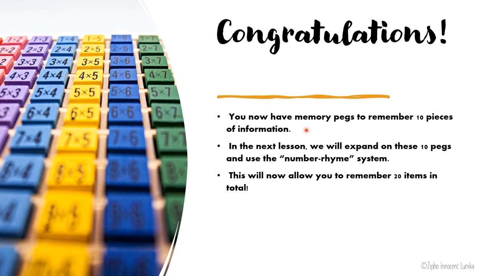What did 5 remind you of? 5 might have reminded you of the hook, which you're hooking away at the toothpaste. What does 8 remind you of? 8 might remind you of tea bags. What does 2 remind you of? Dishwashing liquid, and so forth and so on. In the very next lecture, I'll introduce you to a new peg system, very similar to this one, which will allow you to remember 20 items in total, forwards and backwards.